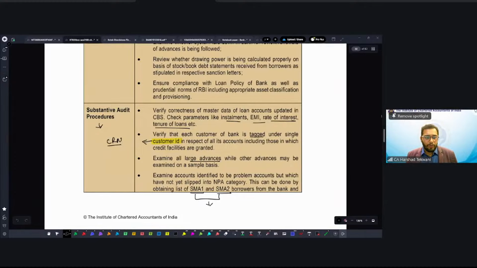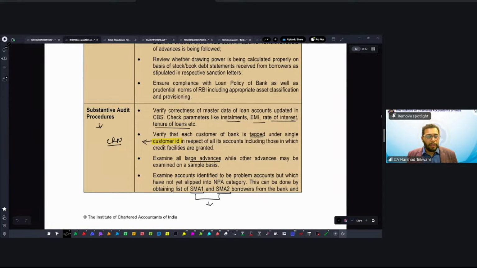Okay. If no doubts, then let's proceed to one more important area that I want to discuss with respect to some specific reserves that the bank is required to create.